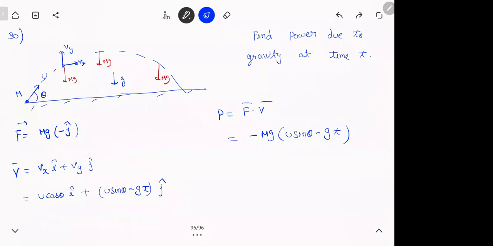So you should remember your acceleration and everything of this. Clear? Next one.